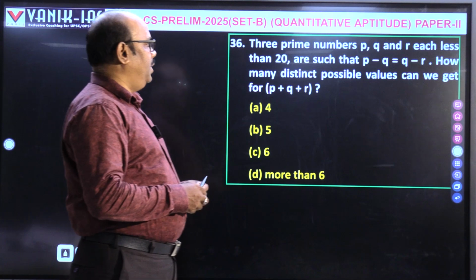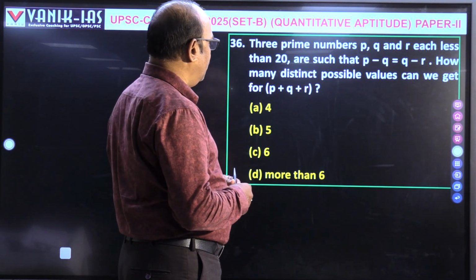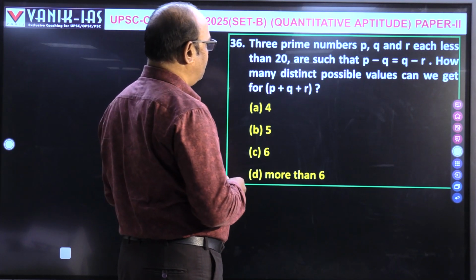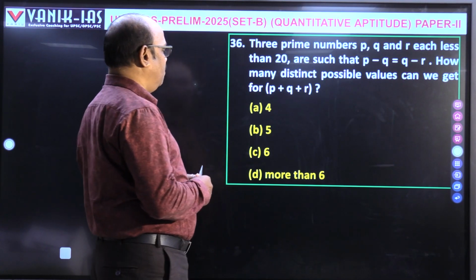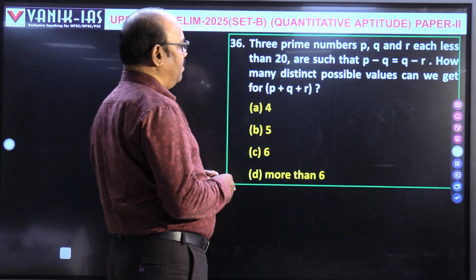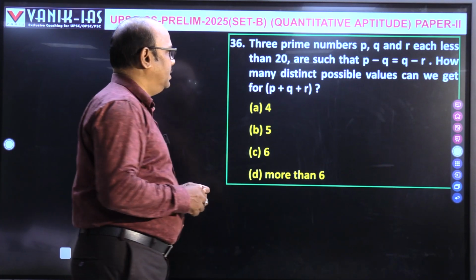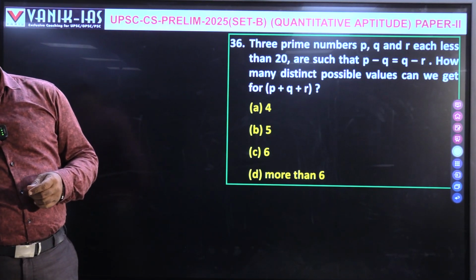Three prime numbers p, q, r, each less than 20, are such that p minus q equals q minus r. How many distinct possible values can we get from p plus q plus r? So p minus q equals q minus r, and each of p, q, r is less than 20, right?